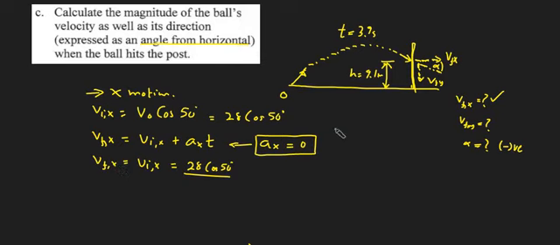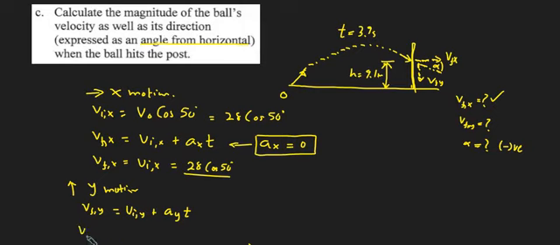Now for the vertical component, for y motion, I can find that component using the same equation. V final in the y direction equals v initial in the y direction plus the acceleration in the y direction multiplied by t.